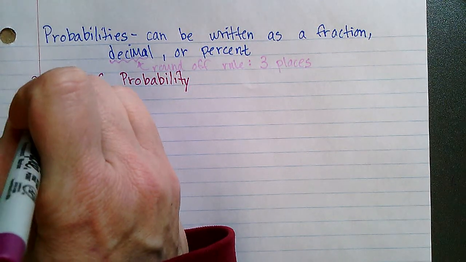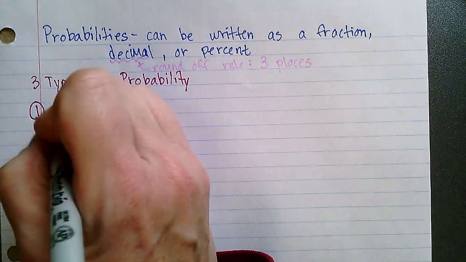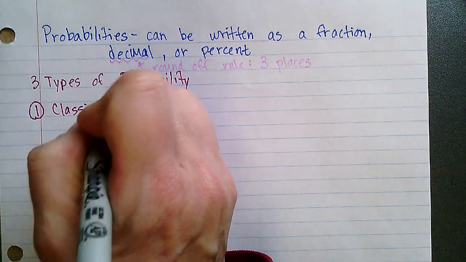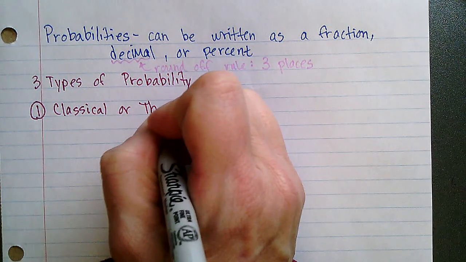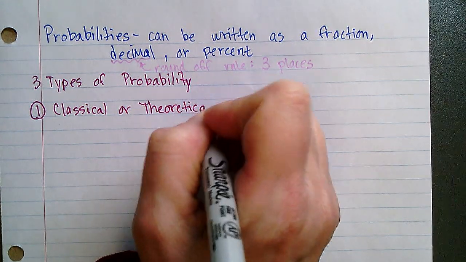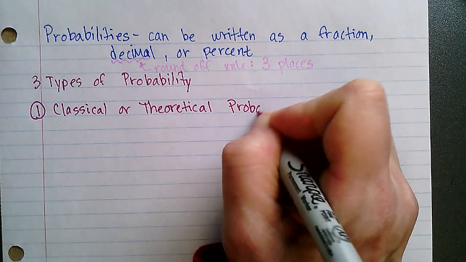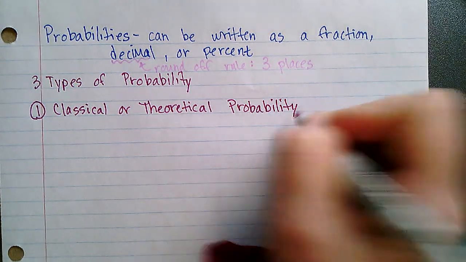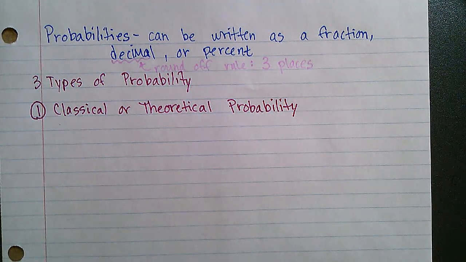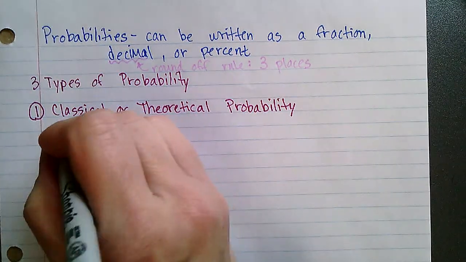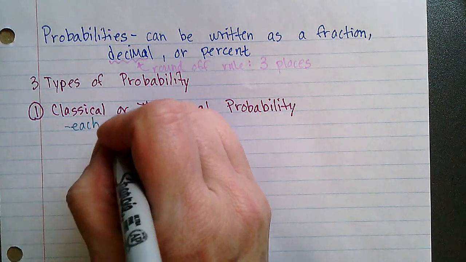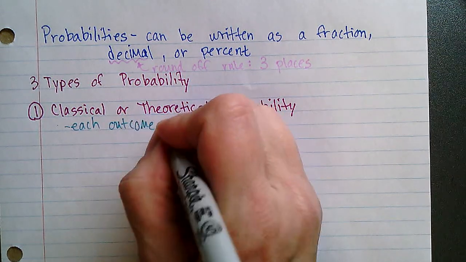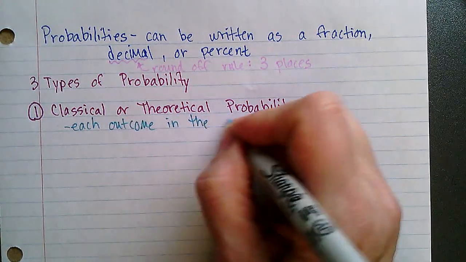The first type is going to be what we call classical or theoretical probability. In classical probability, each outcome in the sample space is equally likely to occur.